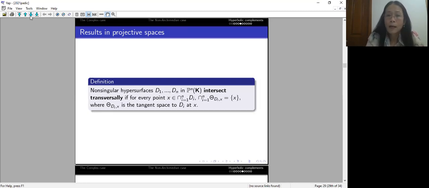So what is the result we can get here? At first we get it for projective space. If D1 to Dn intersect transversely, then intersecting transversely means that when you cut down, the tangent spaces don't have a common tangent space. That means after you cut down one time, the tangent space will reduce until only one point remains.